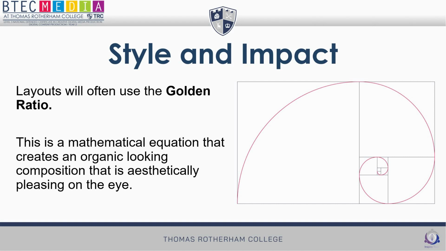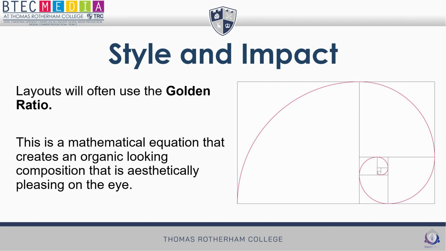Alright? I'm not going to go into too much detail on it because it is pretty complicated and I don't want to confuse you too much. But if you want to do a bit more research, please feel free to Google it, but it might make your brain melt. So, the idea behind the golden ratio comes from something called the Fibonacci sequence, which I'm not going to go into right now because I only got a C in maths and it's complicated. But if you want to Google it, go for it.